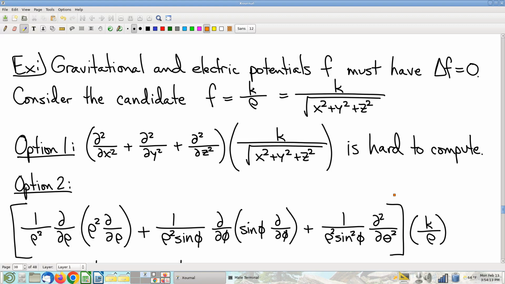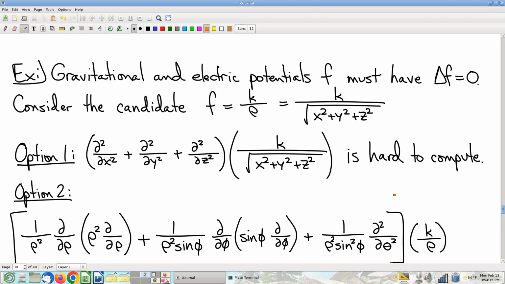The answer is, roughly speaking, if you have a single charged particle and it's creating electric potential, or mass with gravitational potential, whatever, those are dependent on distance. Distance is rho. The function itself is intrinsically natural in spherical coordinates. It just makes sense. It's a spherical looking thing. It shouldn't be a surprise that it goes down easy in spherical coordinates.